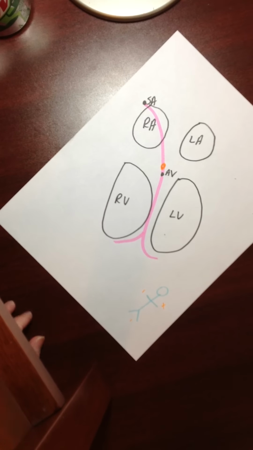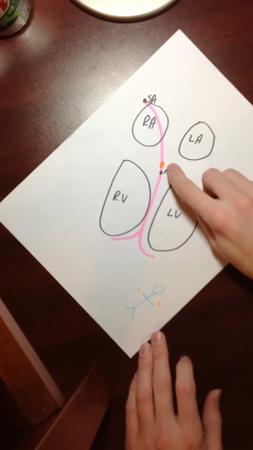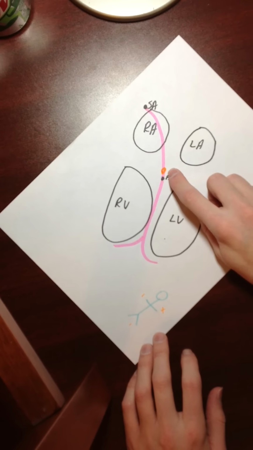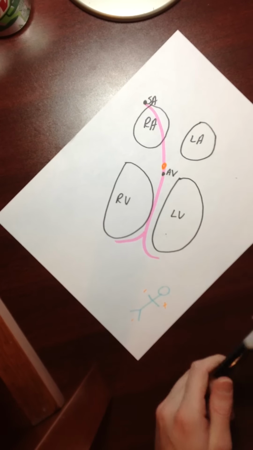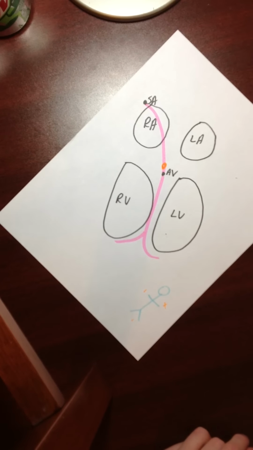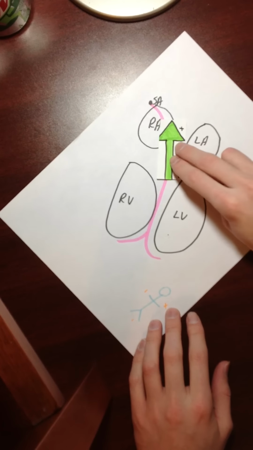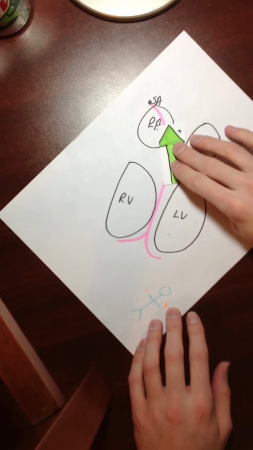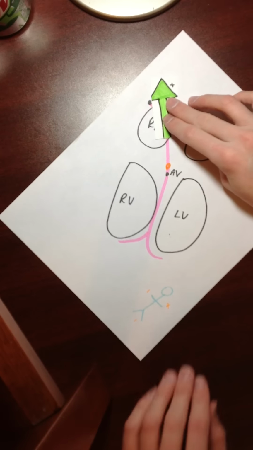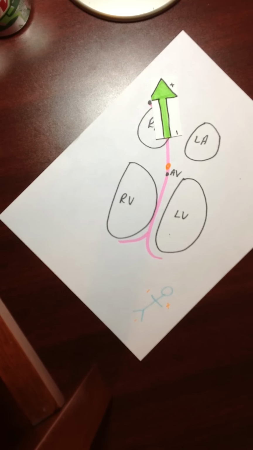Well, of course. Okay. So let's say we do have an issue where this fires instead of the SA node. Well, this is going to fire, and then you're going to get the impulse going this direction instead, right? Because it's going out towards here, causing depolarization of the atria.